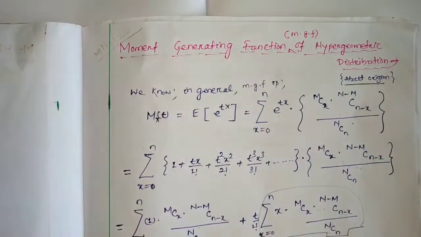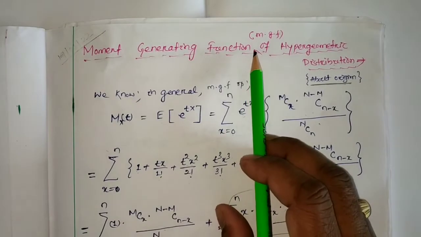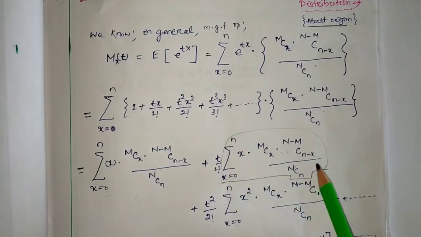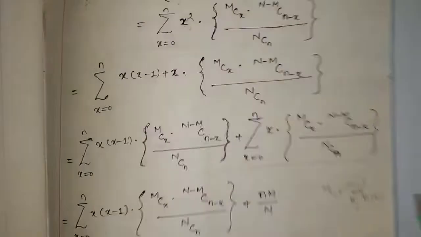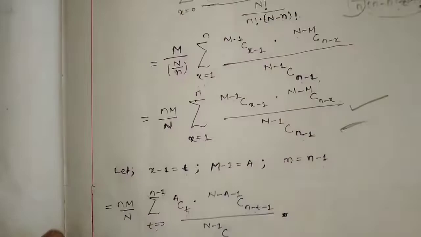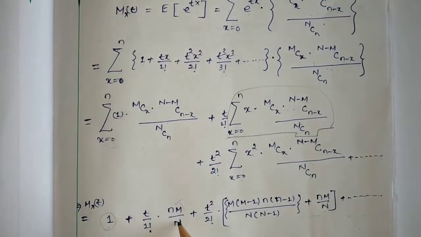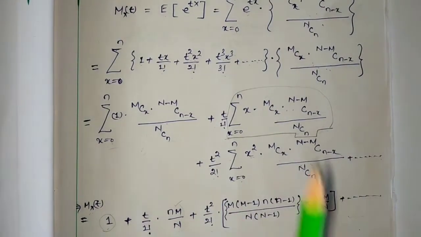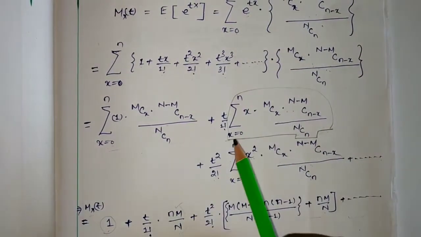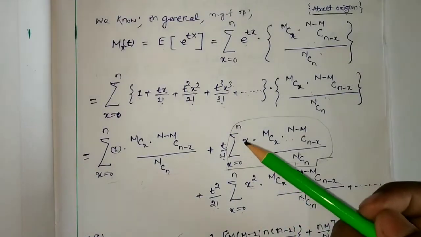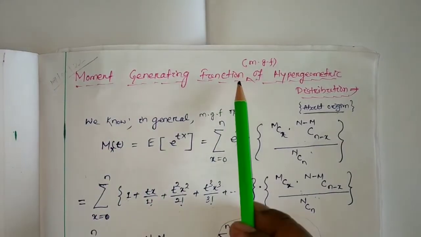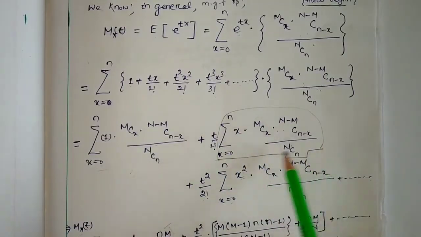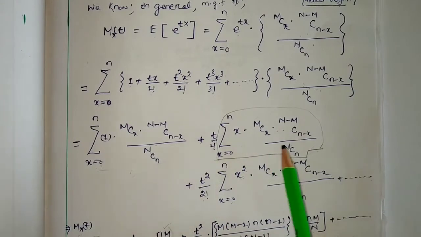Whenever you consider the moment generating function, here, as we have derived the summation value, this summation's value we have already derived here, but I have only written it directly. But in your exam, if you are trying to find E(X), or first moment and second moment, using the moment generating function, you have to evaluate this summation. The procedure for how to evaluate it, we discussed in the last video.